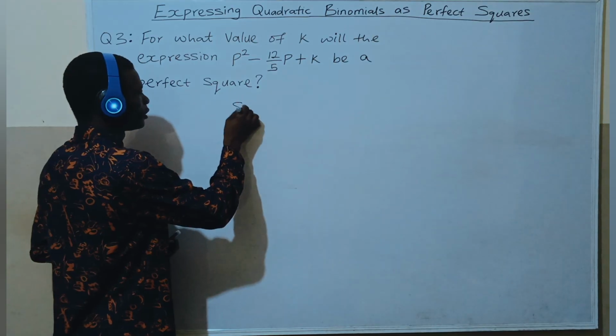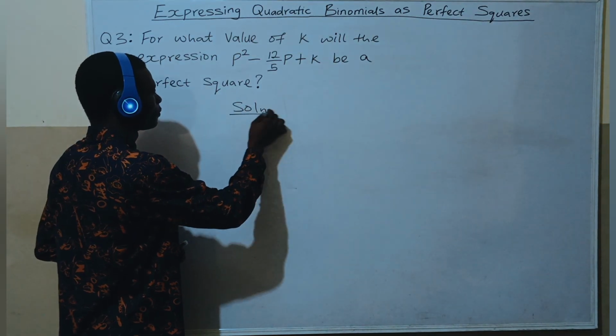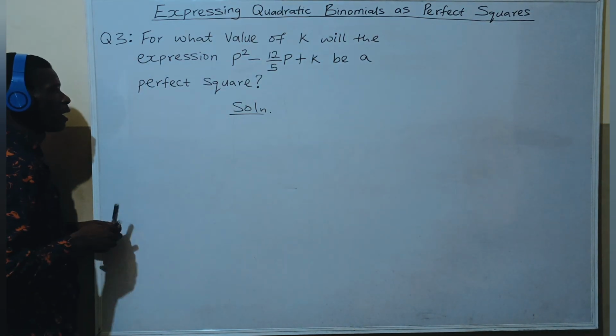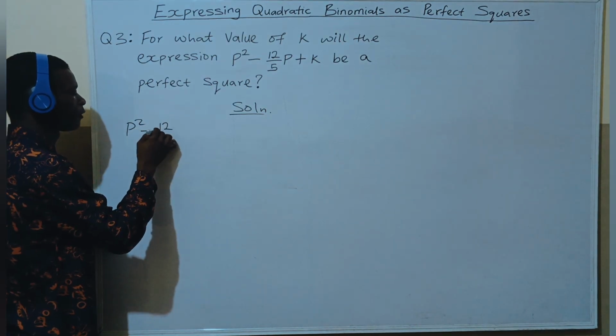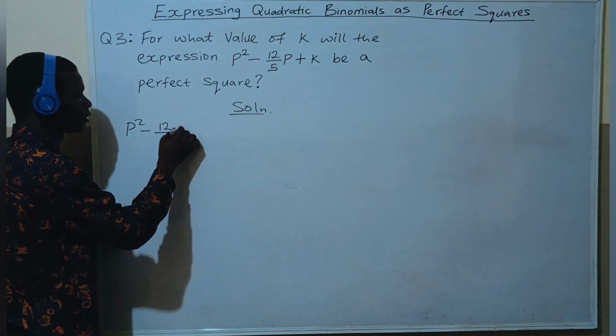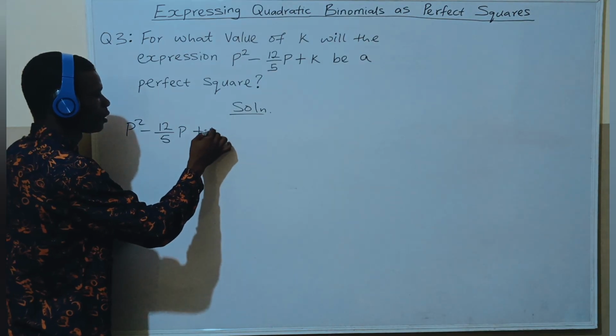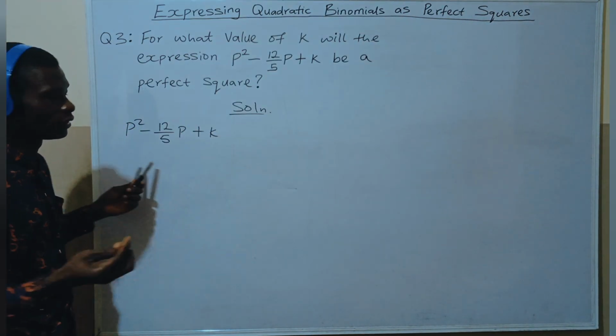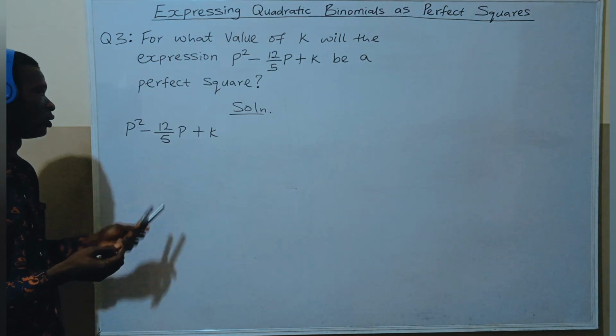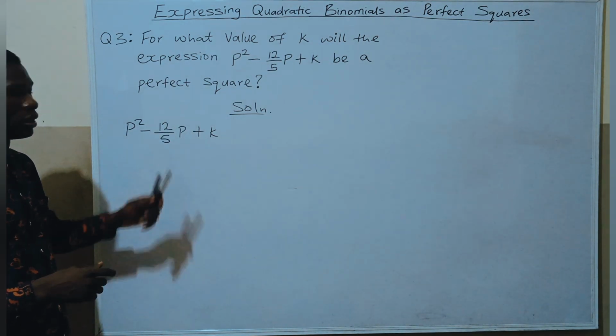So we'll proceed to the solution this time around, and we are having p squared minus 12 over 5p and then plus k. So we are looking for the value of k that will make this expression a perfect square. So how do we get the value of k? Like we did in question 1 and question 2, we're going to take the coefficient of p.